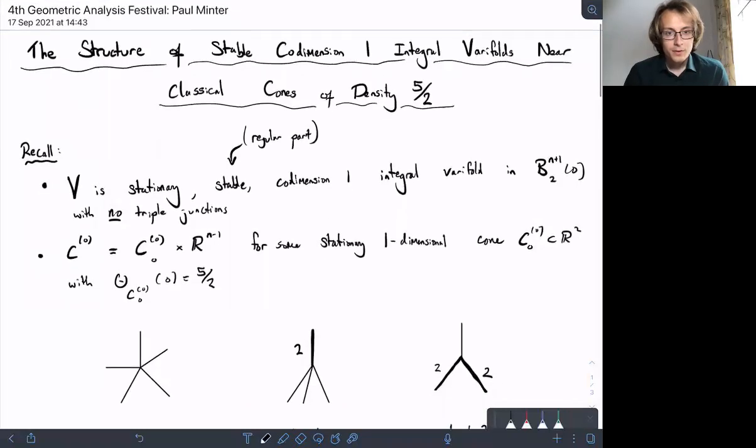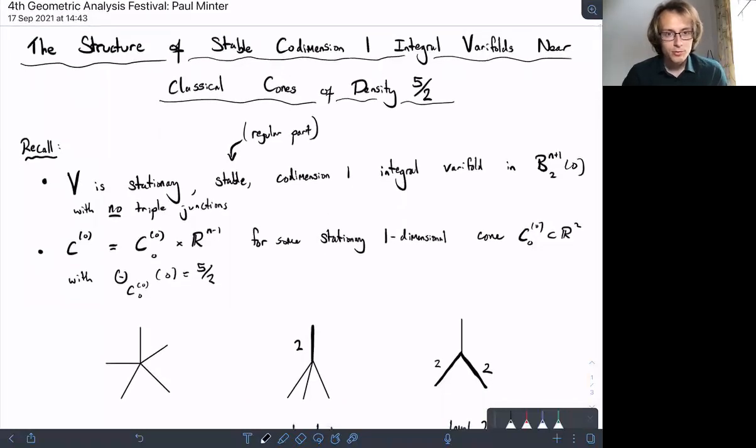Those are the varifolds we work with, and we're looking at tangent cones, or just in general cones, C0, which are of the form of an n-1 dimensional axis, and the cross section, C0 naught, if you will, is a one-dimensional cone in R2, which we're assuming has density 5/2 at the origin, which corresponds exactly to C0 naught being comprised of 5 half lines through the origin, counted with multiplicity.